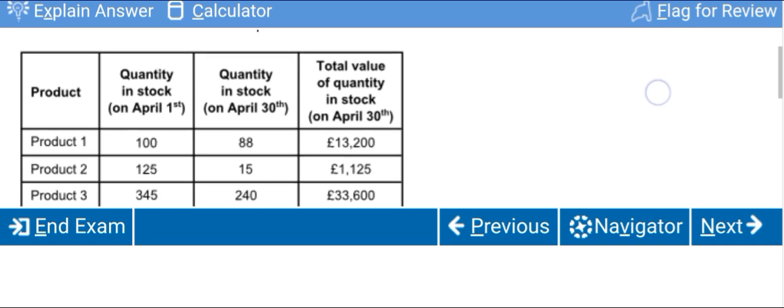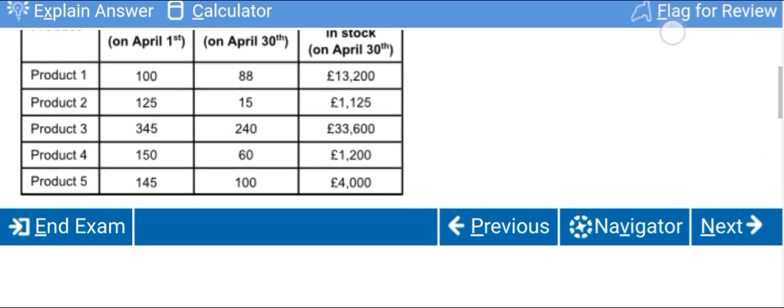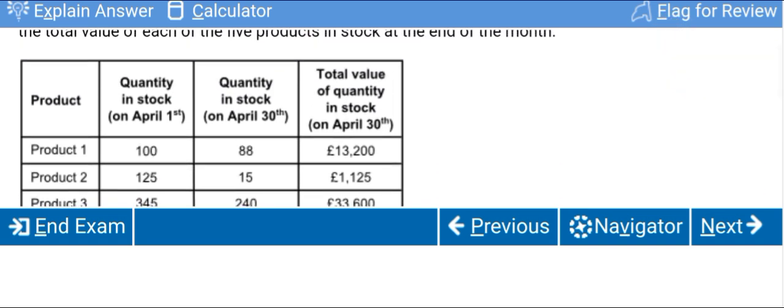So here we have this table which says products 1 to 5, then we have quantity in stock on April 1st, quantity in stock on April 30th, then we have total value of quantity in stock on April 30th.